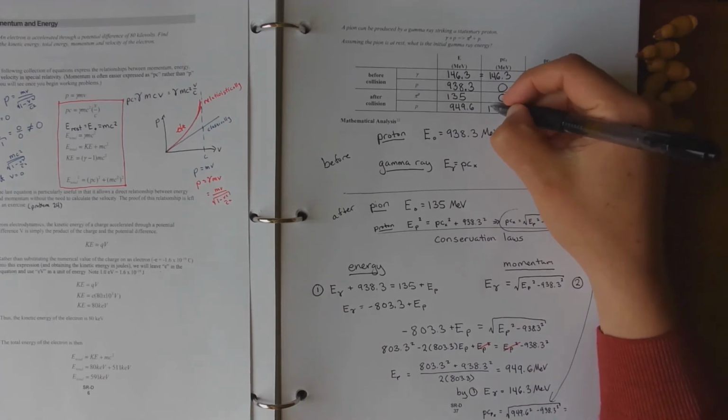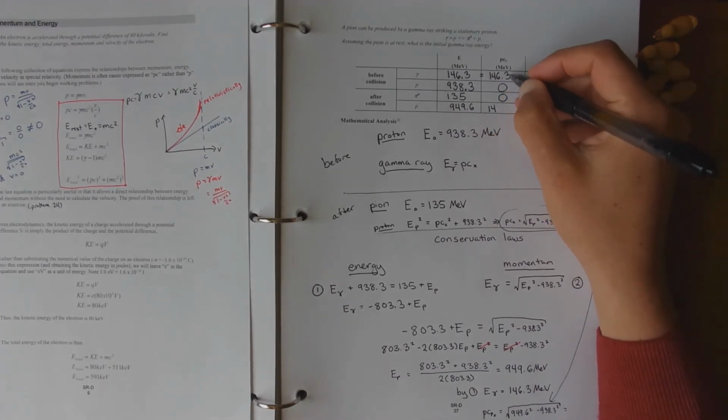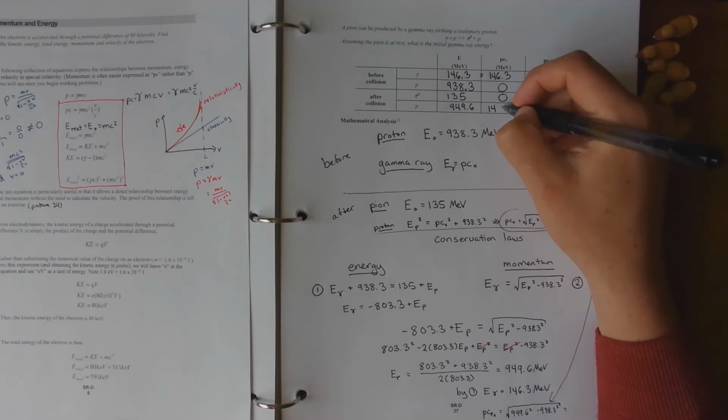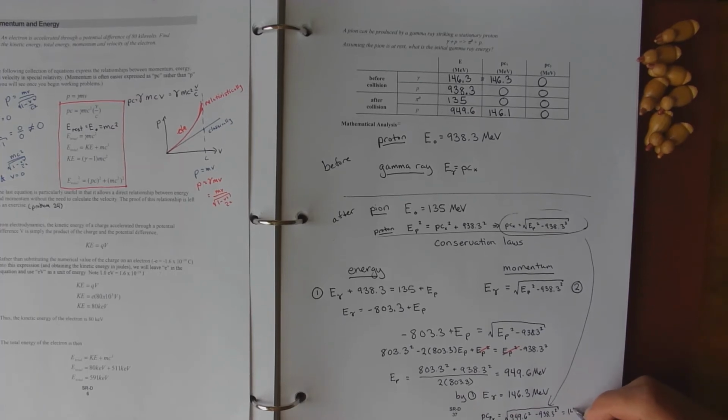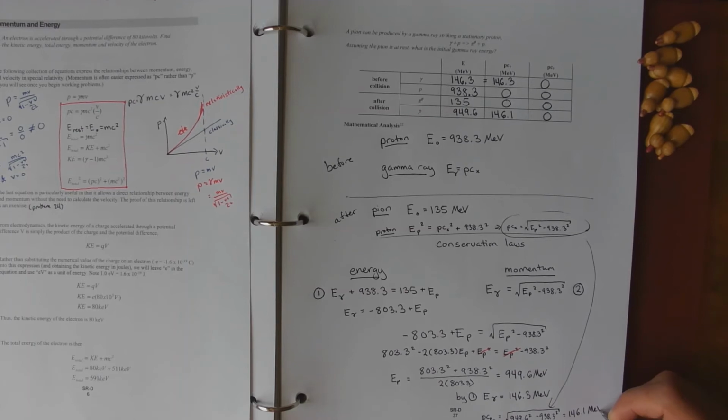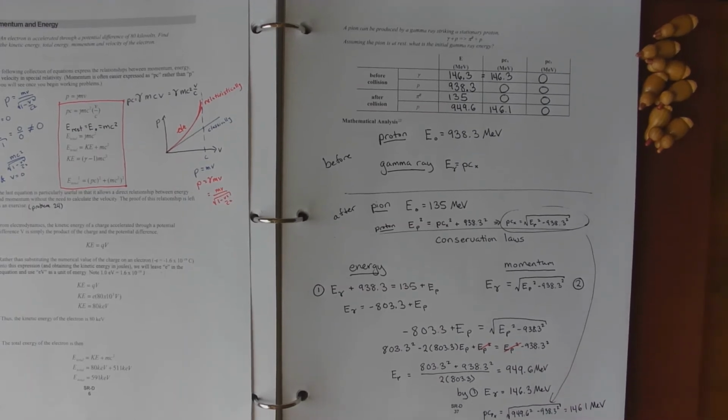Now, it was supposed to give us 146.3, but those both round to 146. So that doesn't look too bad. 146.1 MeV. And we have finished filling out the table.